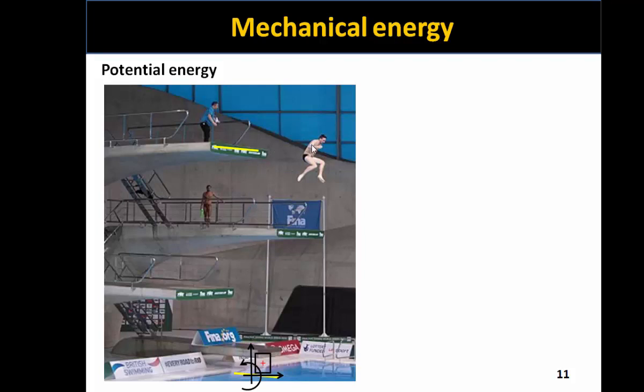This jumper is a particular horizontal distance from the platform. However, we only consider the vertical displacement of the person in terms of calculating energy.